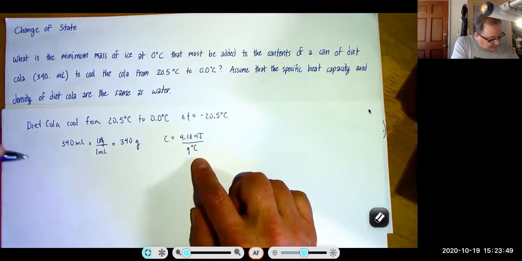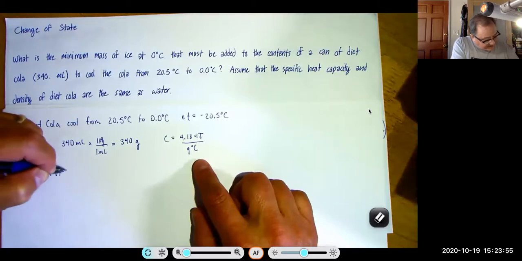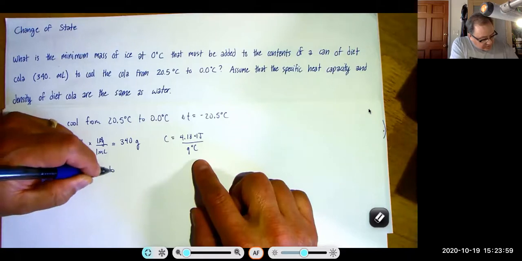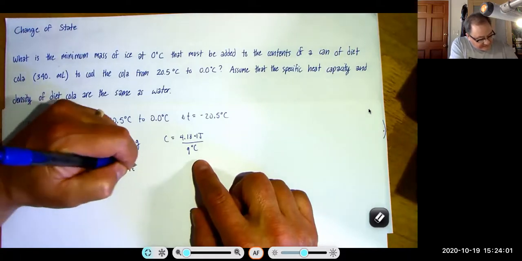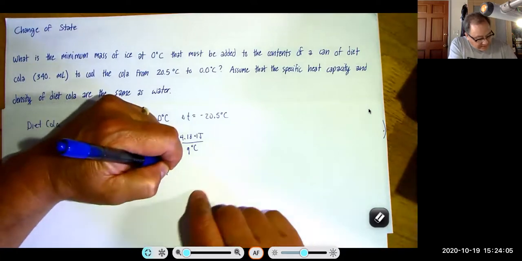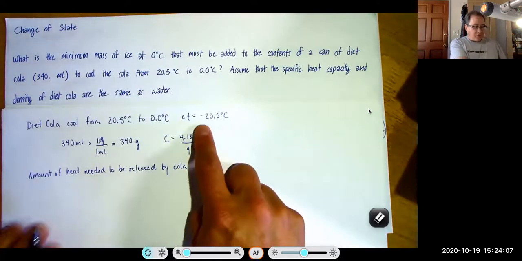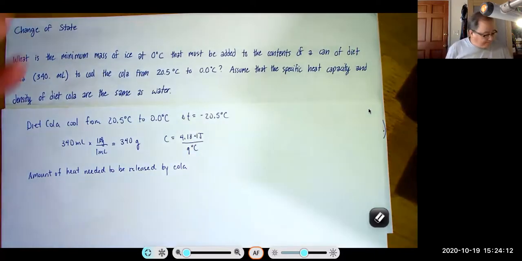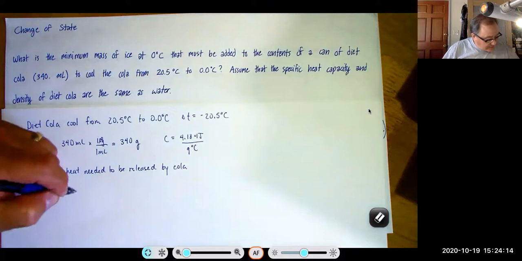Okay, so here if we calculate the amount of heat needed to be released by the cola. And the reason I say released is because I know that the energy has to leave it for it to cool down. We're going to do this.